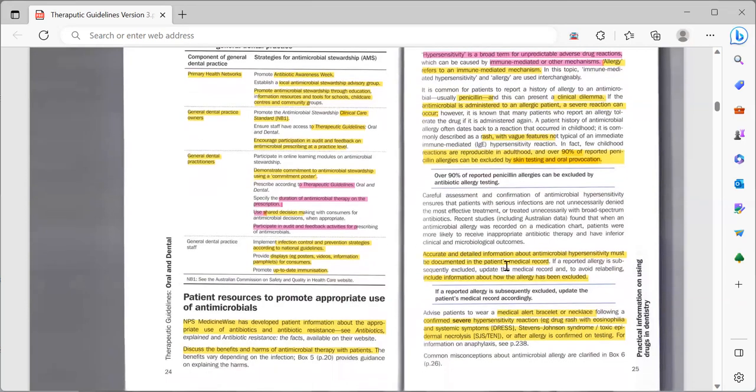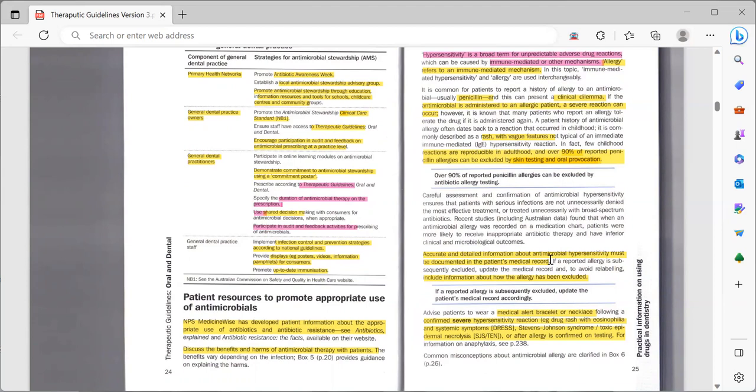Accurate and detailed information about antimicrobial hypersensitivity must be documented in the patient's medical record. Whatever information you have about the allergy, you should write it in the patient's medical record. In Australia, it is very important to do your notes, and you should write each and every word.